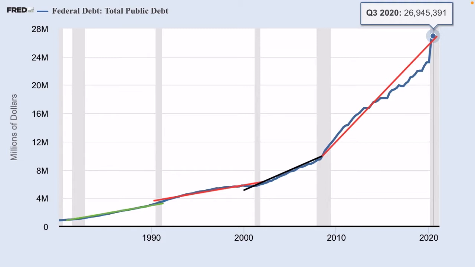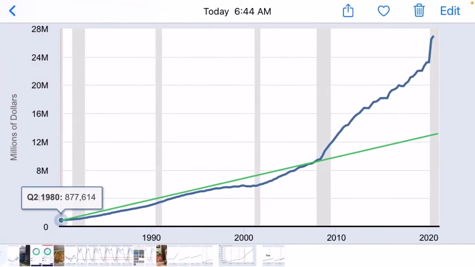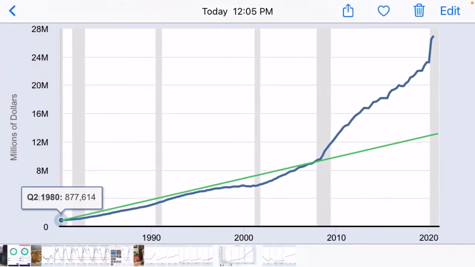and I just wanted to go over that, and I'll also mention the factors involved as far as money supply and how that's propping things up. But in this chart, you can see it also starts in 1980.